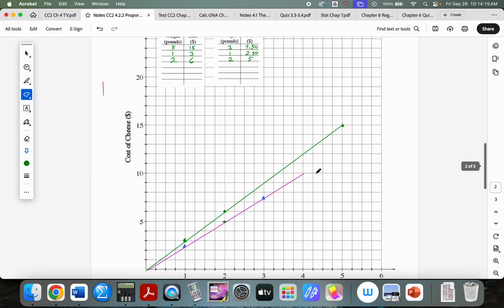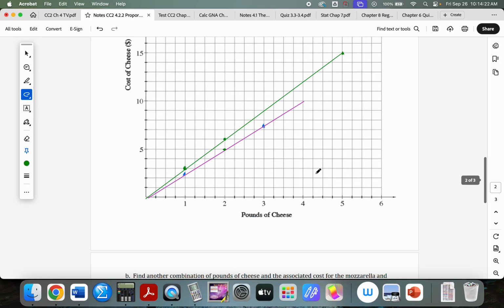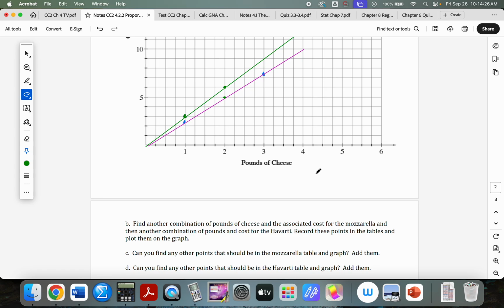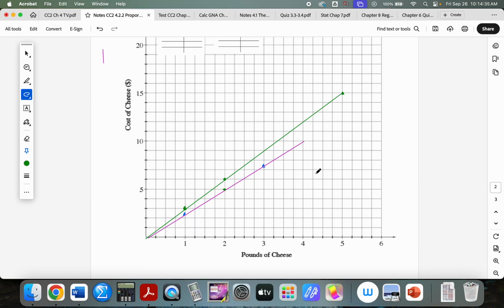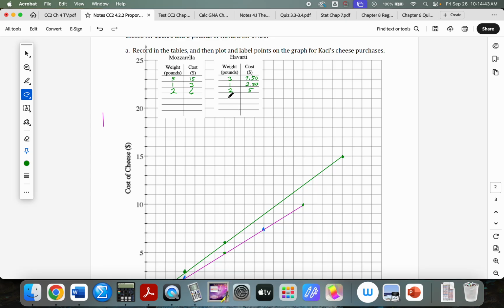Now, could we find other points? Yeah. I like the way this question is asked. It makes me laugh. It says, can you find any other points that should be on the graph? I'm like, should be? That seems like a value judgment to me. Are there other ones that could be? Yeah. So like here, I figured out that 4 pounds was $10.